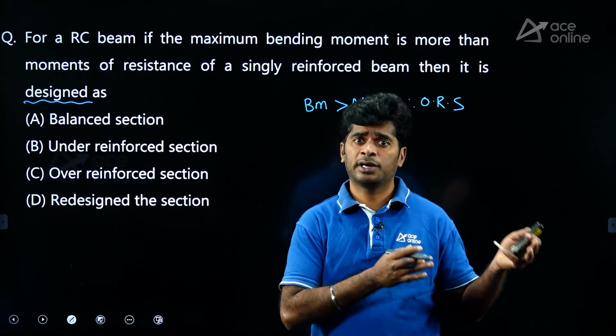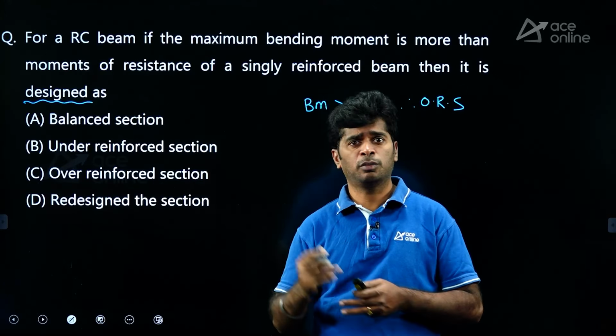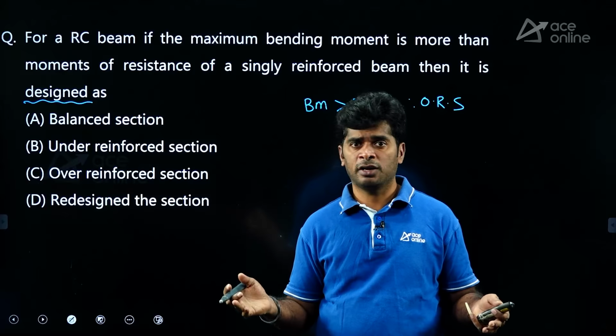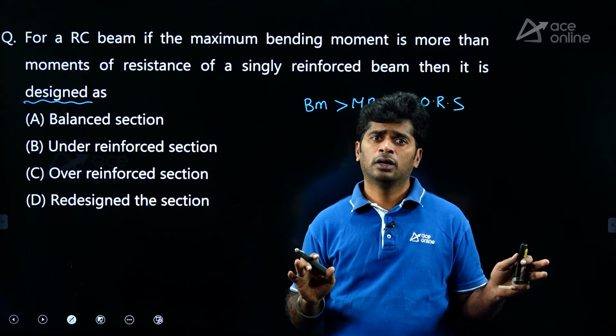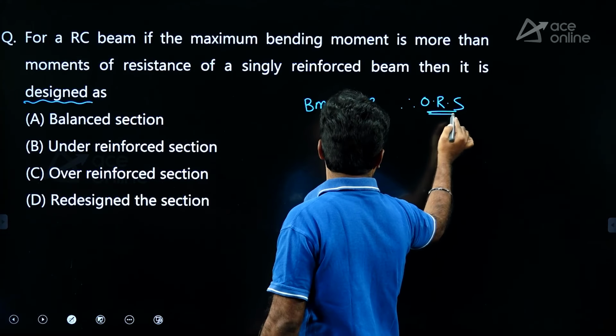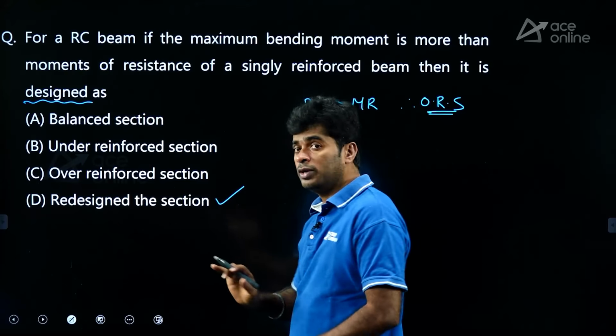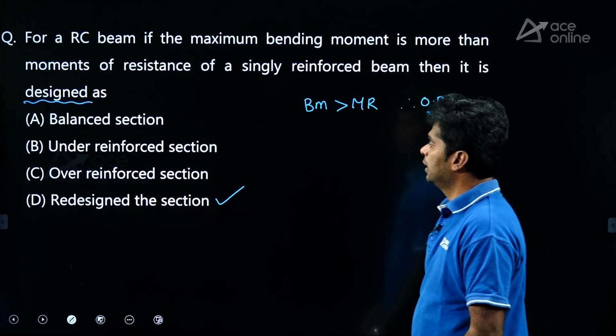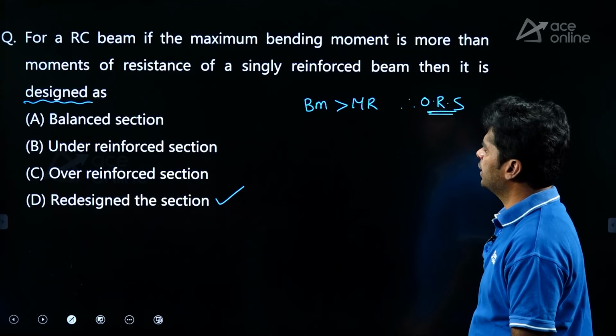One is we go for redesign, the other is we go for doubly reinforced beams. In these options, they have not given doubly reinforced beam, so we go with the redesign. If it is an over reinforced section, we go for redesign. Right, option D is correct. Moving to the next question.